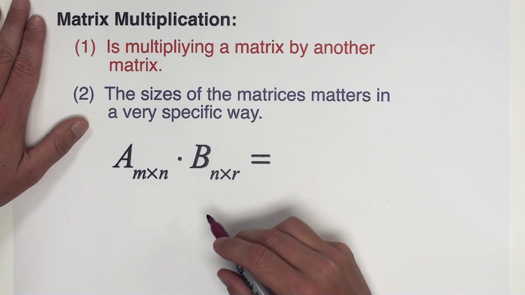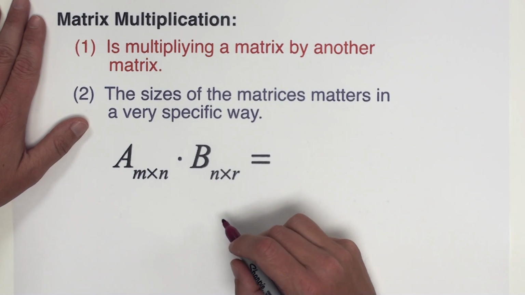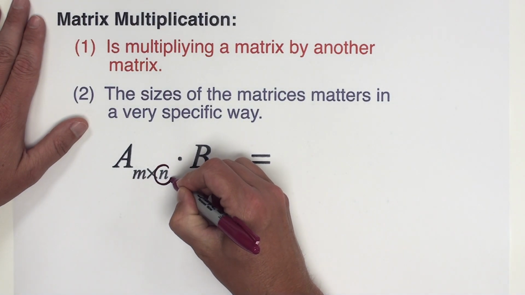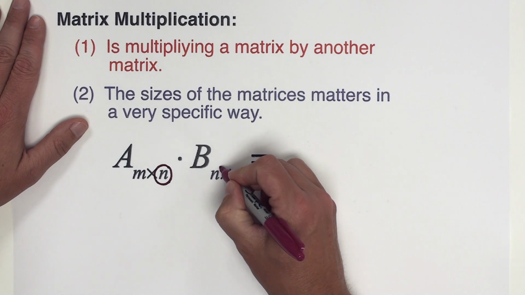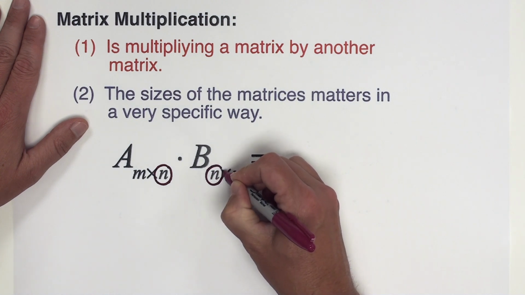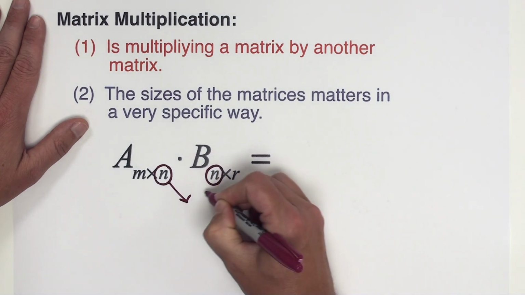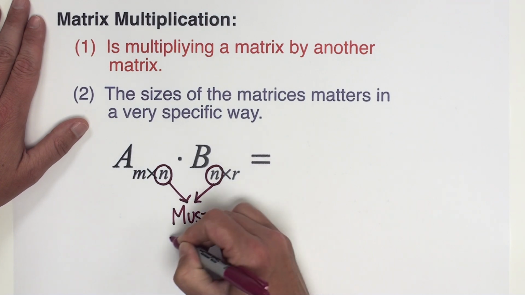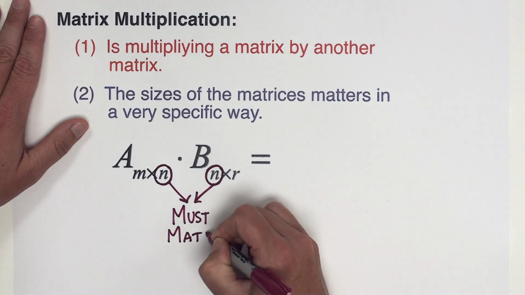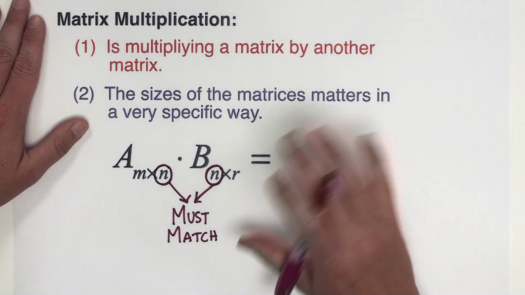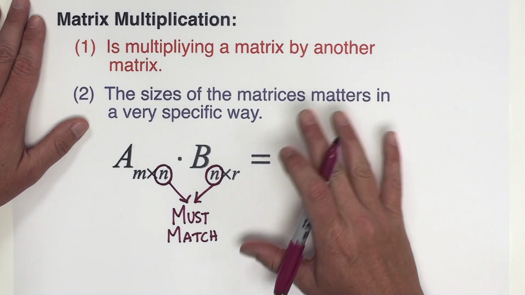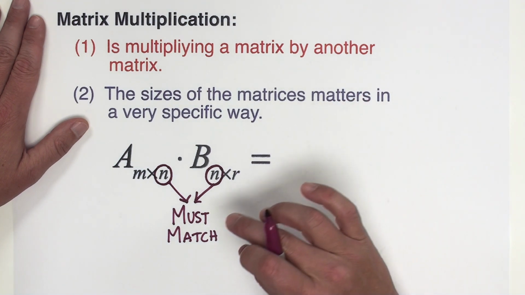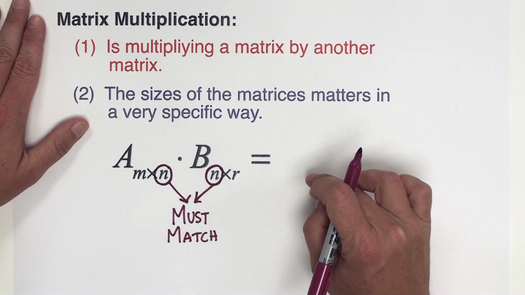Here's what you have to check for: the number of columns of matrix A and the number of rows in matrix B must match. If those numbers don't match, then you cannot do the problem. If they do match, you can proceed.